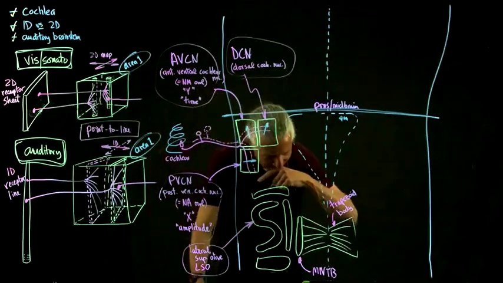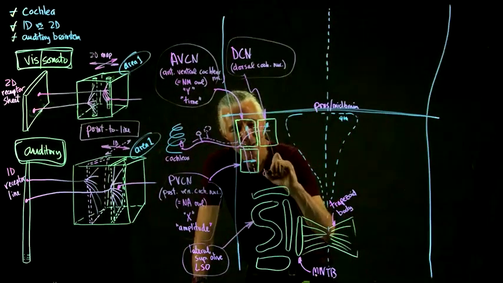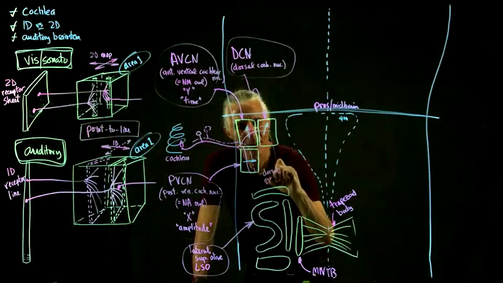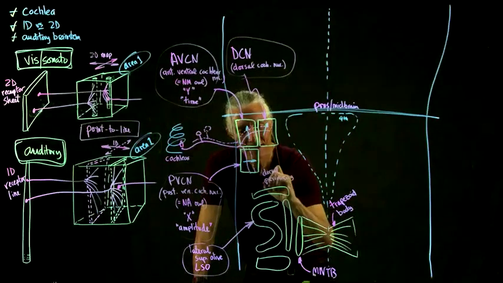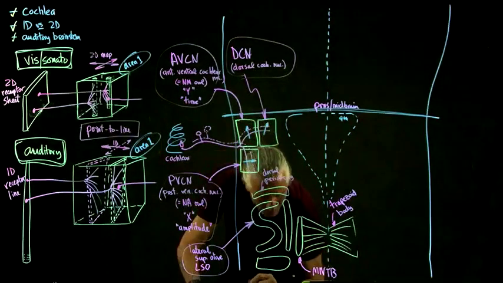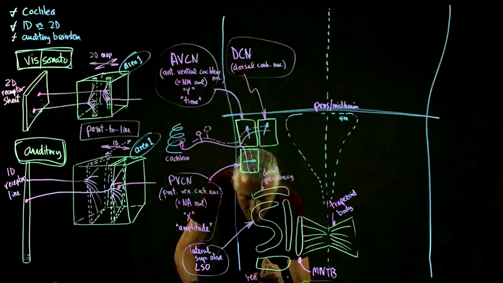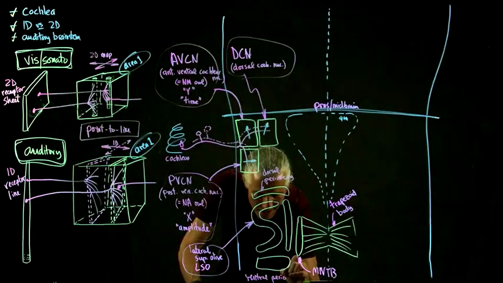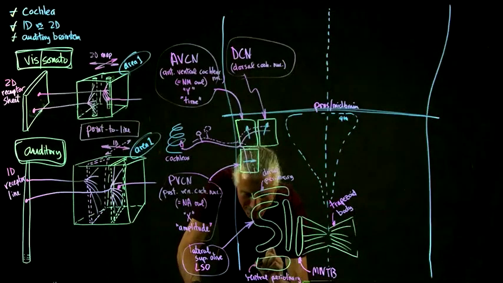And then there's another map: dorsal periolivary. That's this guy, and this is our ventral periolivary. You don't have to remember this one.